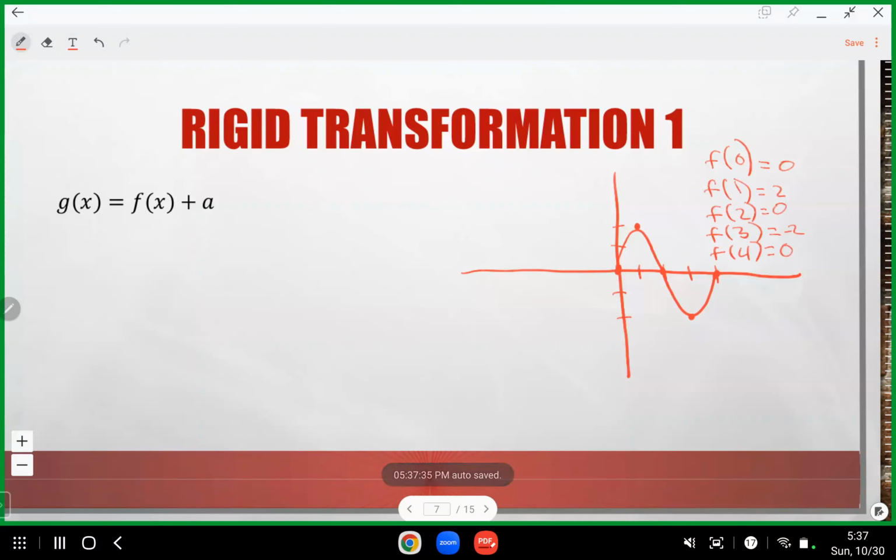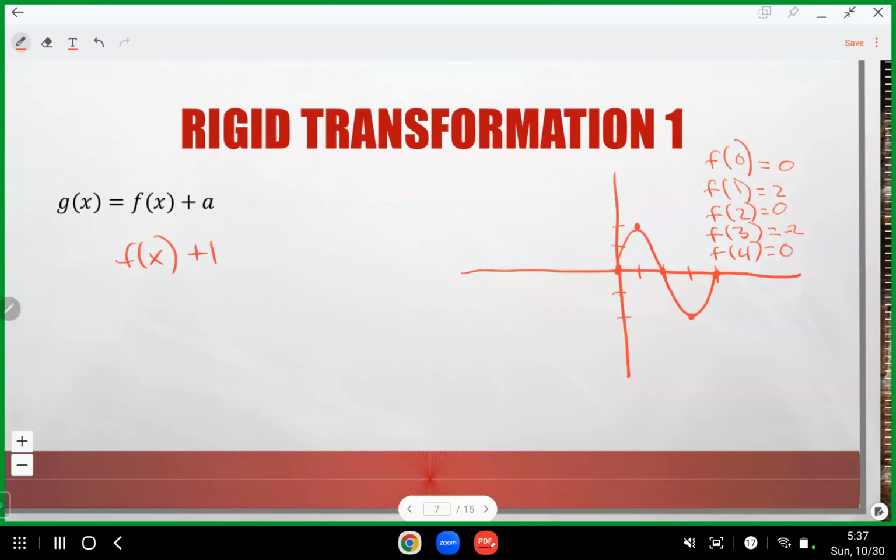So that's basically our demonstration graph. So what if we created a new function that was f of x plus a, where a is a real number? Let's just say f of x plus 1.